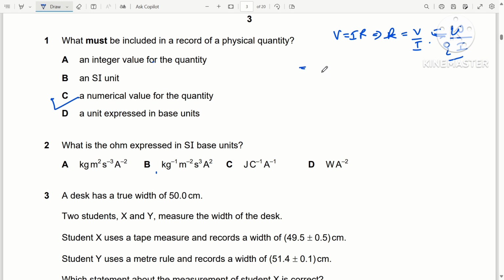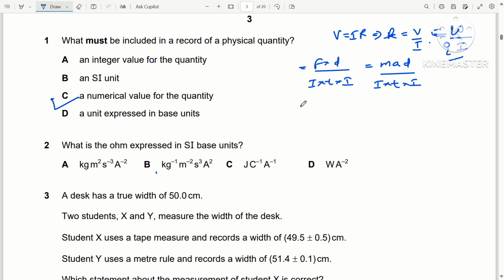Work done is like energy only, that is we can express it as force into distance. And then Q is not a base unit, so we can express Q as I into T. And force we can write as mass into acceleration, and d is the distance here.